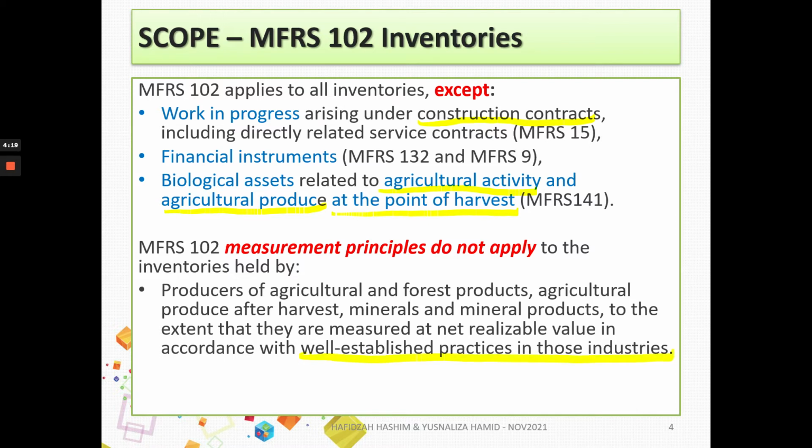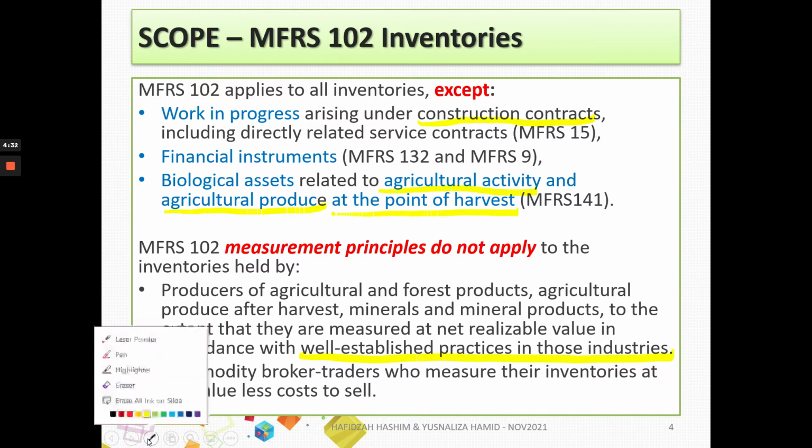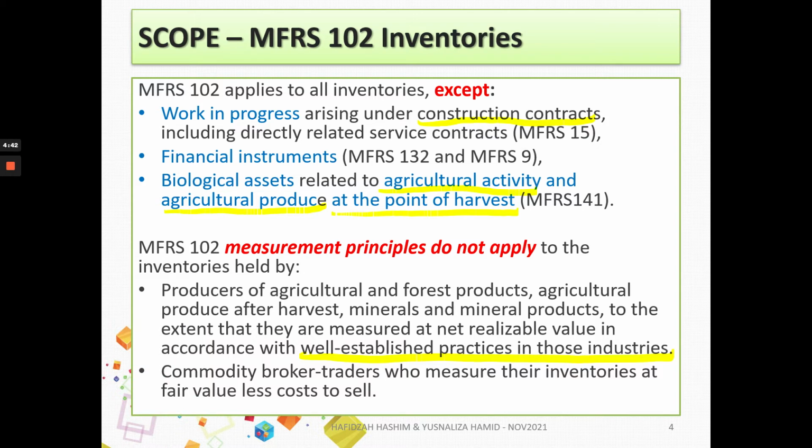So these will not apply the MFRS 102 measurement principles. The commodity brokers and traders who measure the inventories at fair value less costs to sell. So MFRS 102 Inventories also will not apply to the commodity inventories which relate to broker traders.